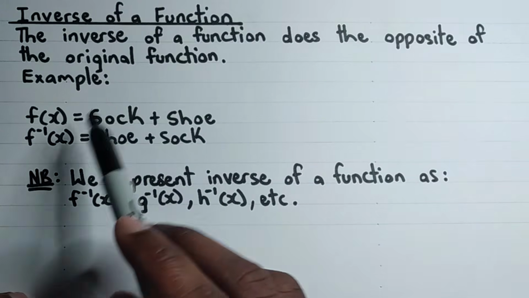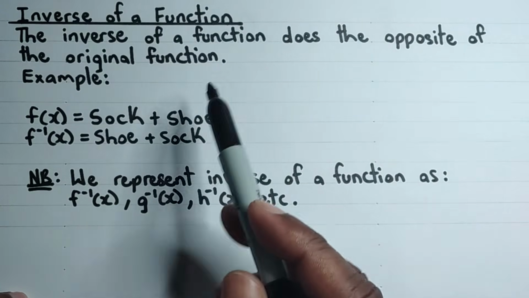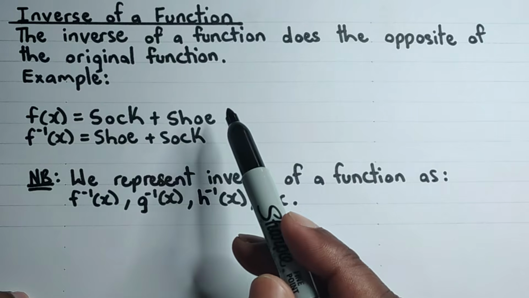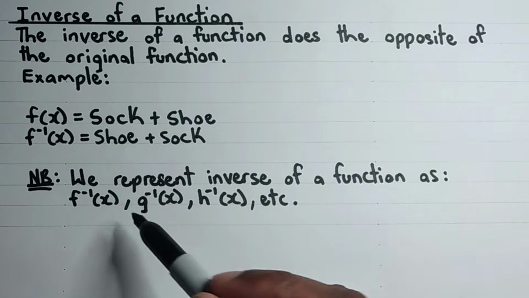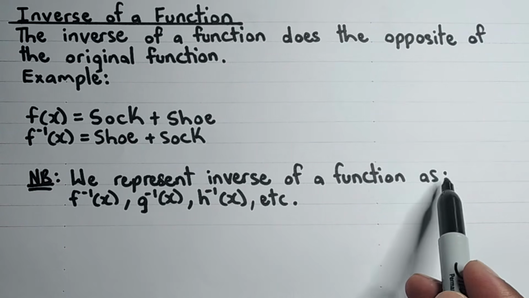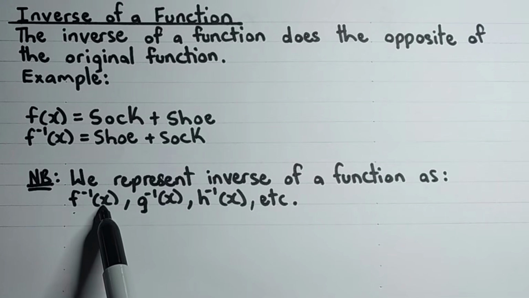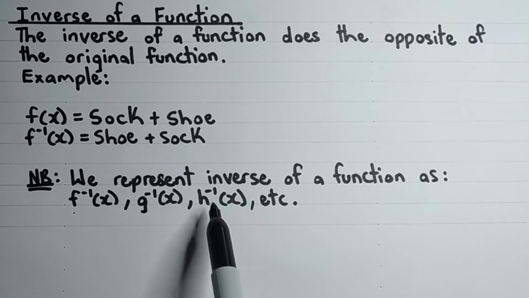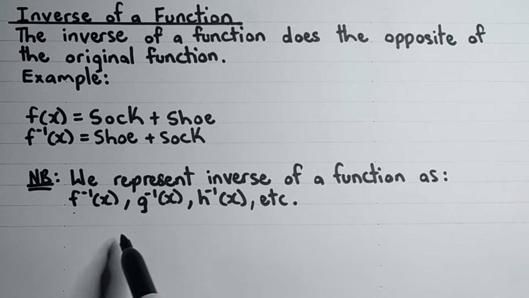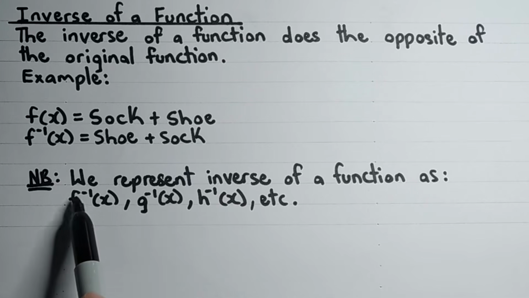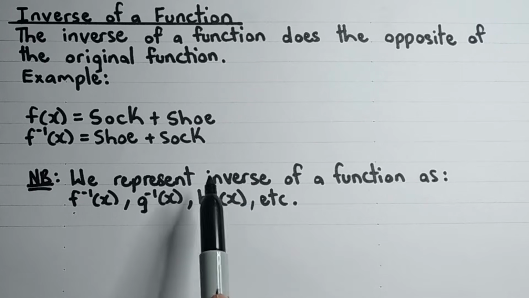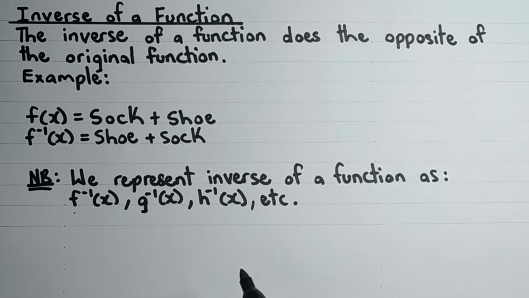So the inverse of the function does the opposite of the original function. We represent the inverse of a function as f inverse of x, g inverse of x, h inverse of x, etc. The negative power of 1, like g to the power of negative 1, simply means inverse.